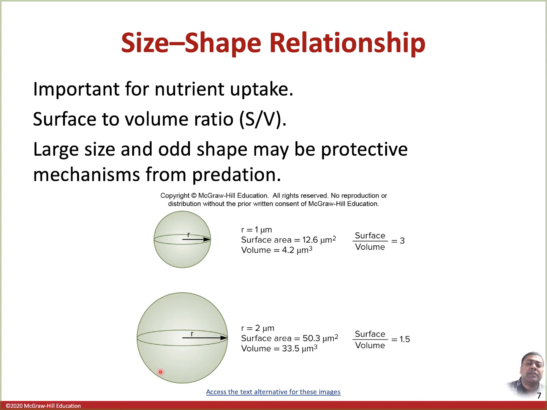On the other hand, there are some advantages, although not nutrient uptake. Large size or odd shape may be a protective mechanism from predation. So this is clearly an advantage of this E. fishelsoni, which is very, very big.